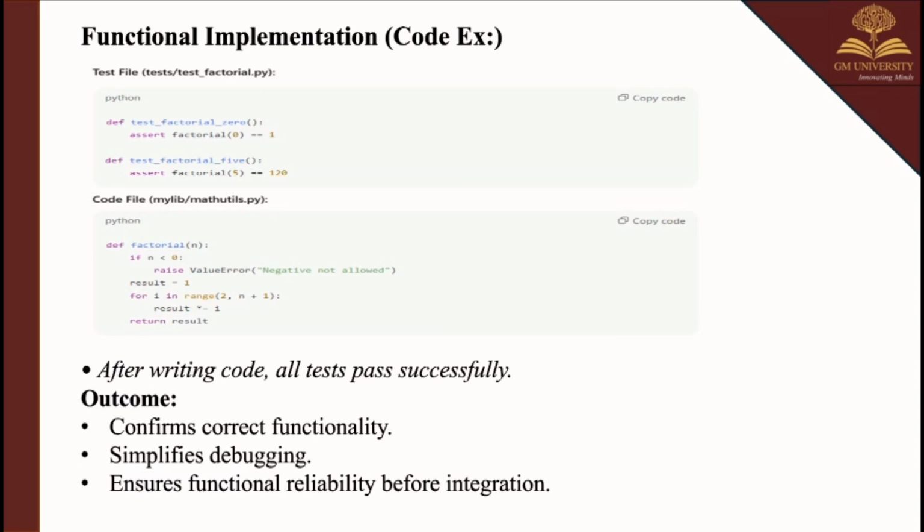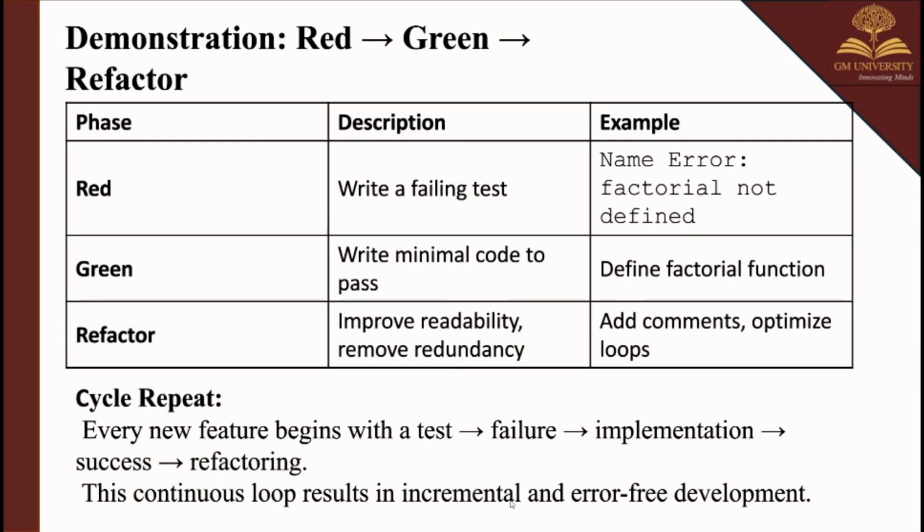When we run the tests, all of them pass successfully. That means the implementation is functionally correct and tested. The outcomes are: confirm correct functionality, simplify debugging, and ensure reliability before integration.